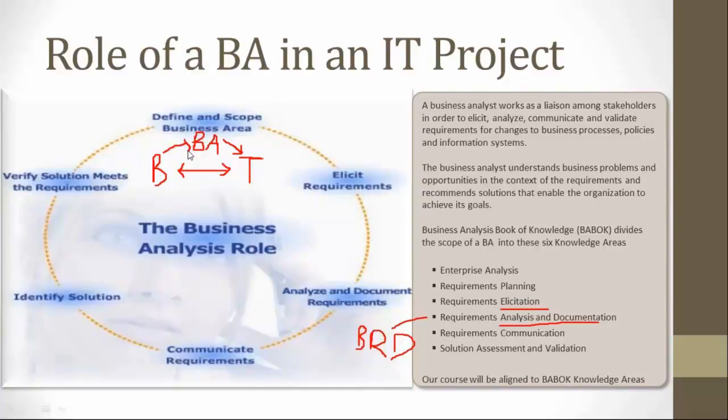Now, once we understand the requirement, we'll have to document it, so that the technical team can also understand it clearly. There are different ways of documentation. You have a use case framework. When you work in agile, there are user stories. Then there are other techniques like process flows or wireframes. When you're working in the traditional model, you create a document called a business requirements document.